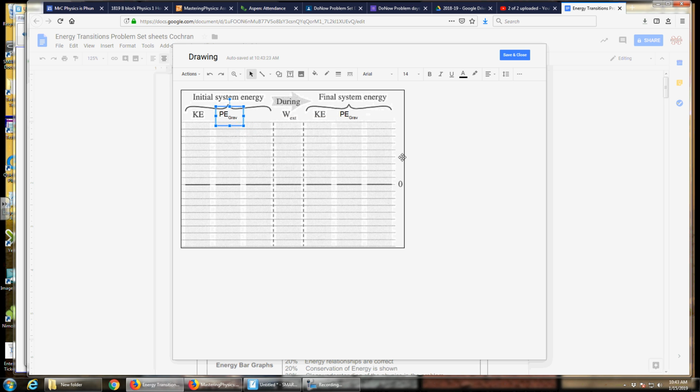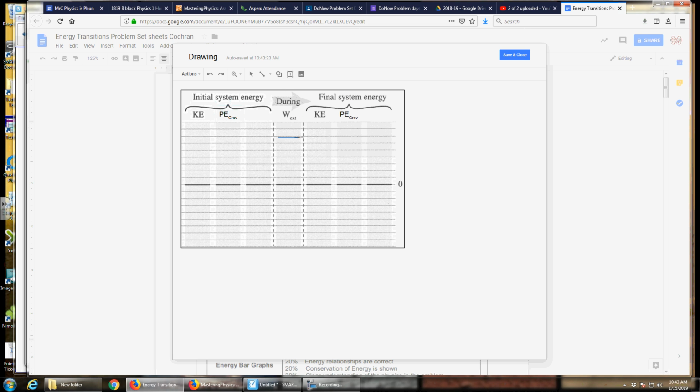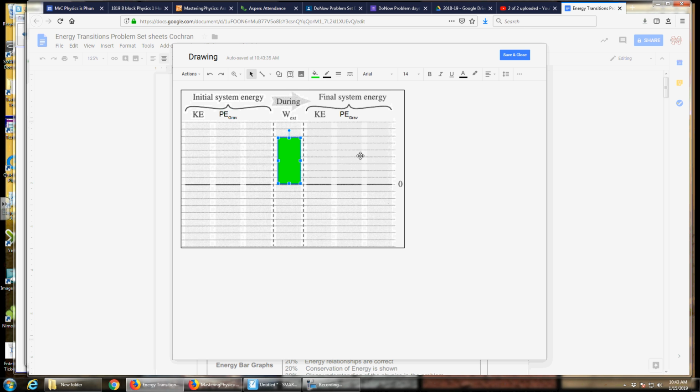So when the dog starts on the ground, doesn't have any energy, the boy does a bunch of work on the dog, giving the dog PE grav.